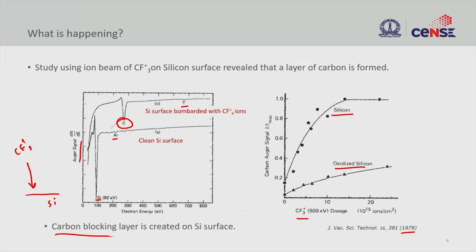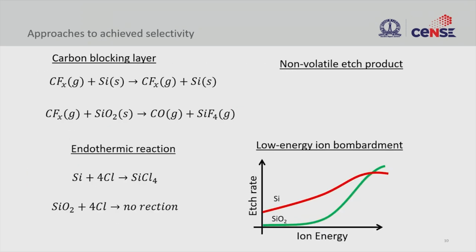So the carbon signal on pure silicon kept on increasing, while on oxidized silicon you saw a marginal change in the surface property. The main reason for this is the chemistry that happens between oxide and CF3. So this is what actually is happening there.